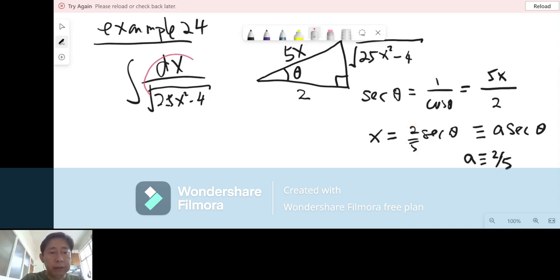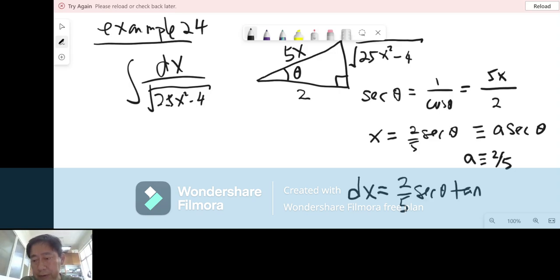To proceed with the integration, we have to obtain the expression for dx as well as the expression of the square root term in terms of theta. The dx term can be easily obtained by taking the differential of x to give 2/5 secant theta tangent theta d theta.